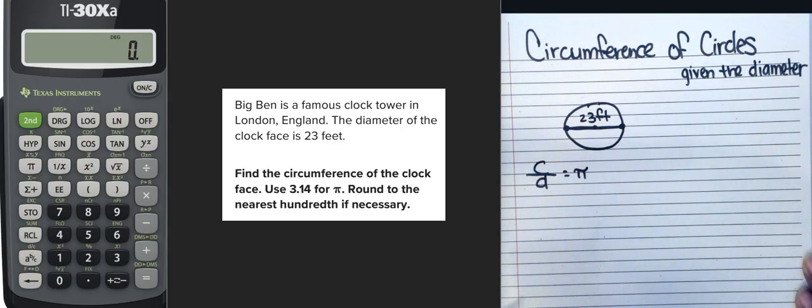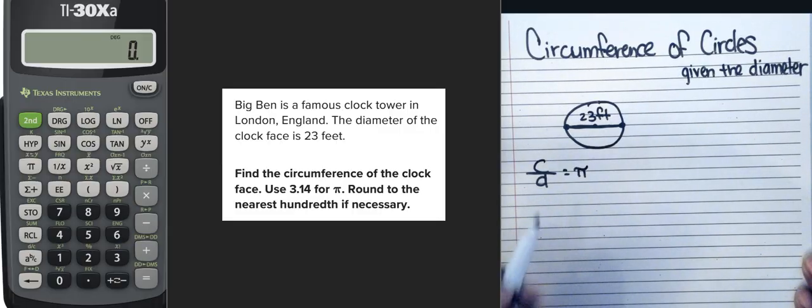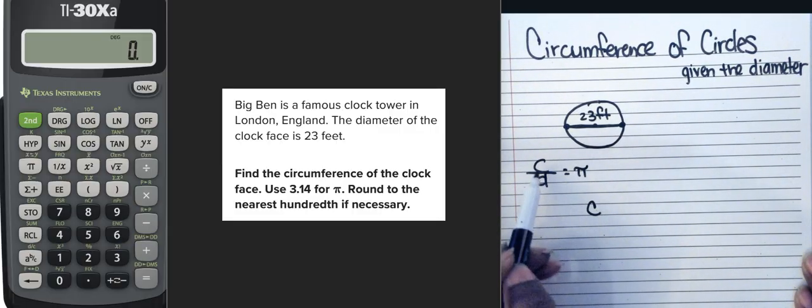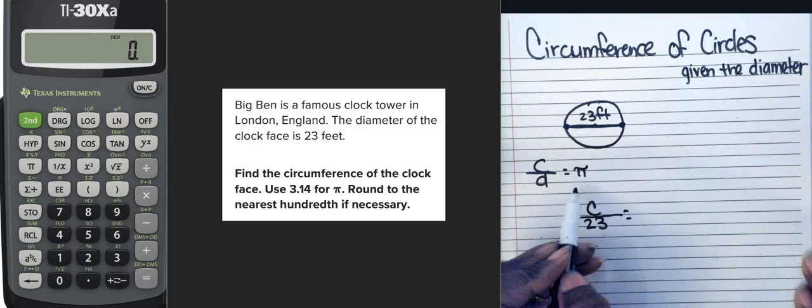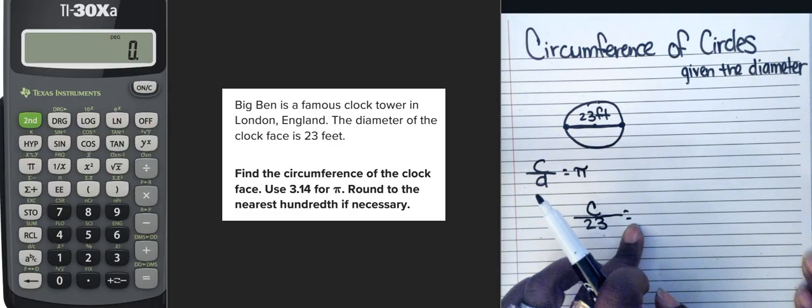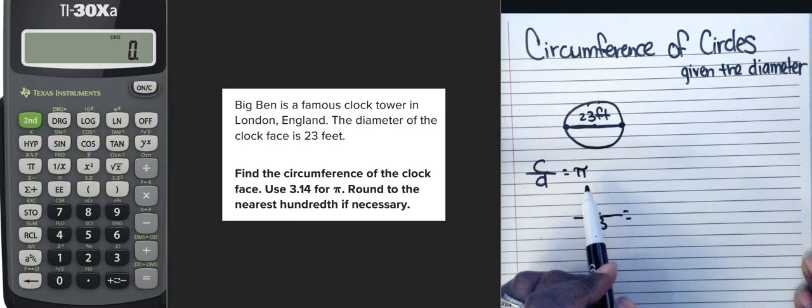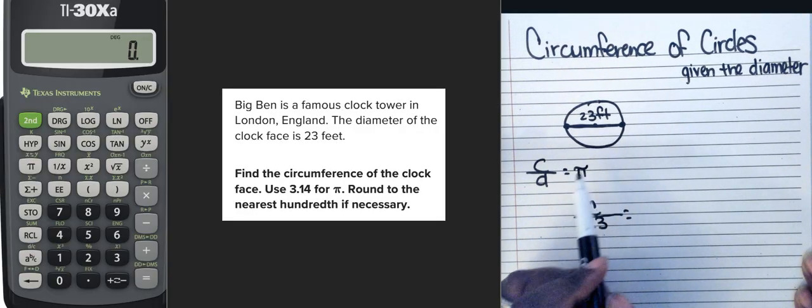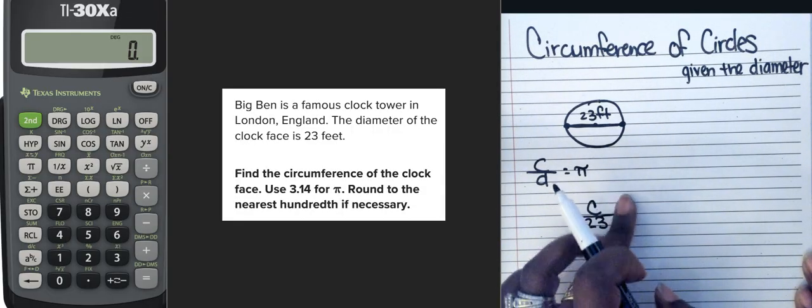So let's use what we know to figure out the answer. We don't have the value of c, so we're going to leave that as a variable. We do have the value of the diameter, which is 23, and then c divided by 23 is equal to pi. But they tell us to use 3.14 for pi. Remember, pi does not repeat and is not a rational number. It goes on for an infinite number of digits with no pattern, so we don't have an exact answer.